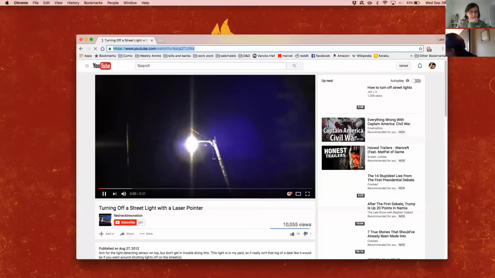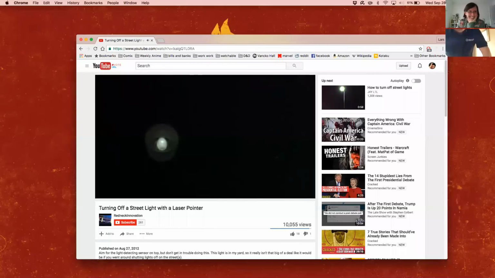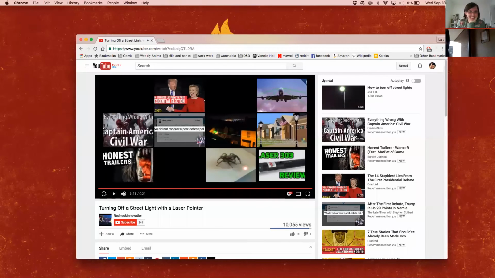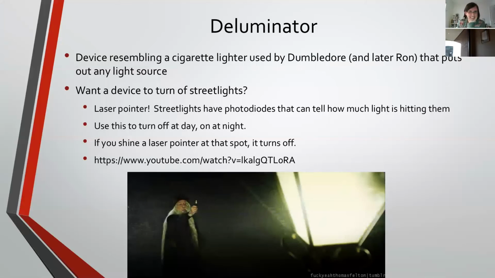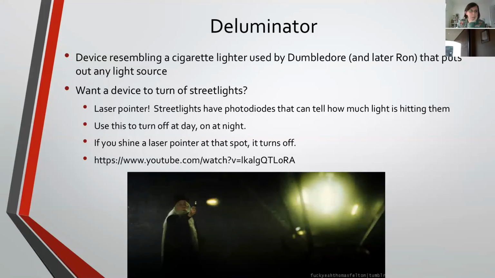So we have some of the streetlight, and if you watch the pointer coming across, right when he hits the right spot near the top, it turns off. This is fascinating and potentially dangerous information. So really all Dumbledore needed was a laser. Now, it wouldn't do the crazy thing where the light goes into the thing, but if you want to turn off a streetlight, just shine a laser pointer on it.